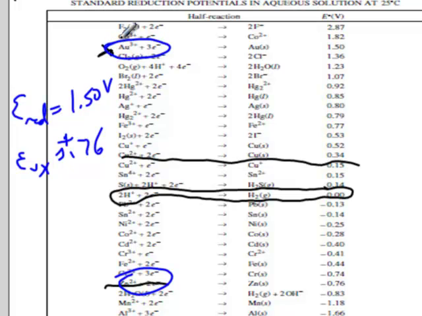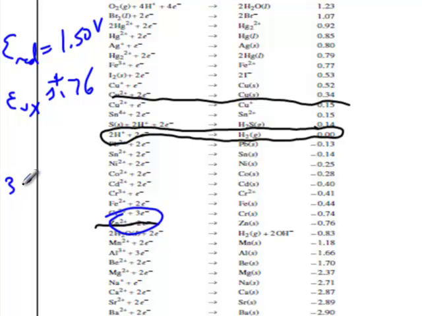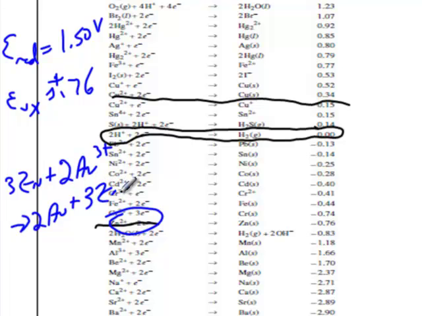So if I wanted to write a balanced chemical equation, I'm going to have to write 3Zn + 2Au3+ goes to 2Au + 3Zn2+.